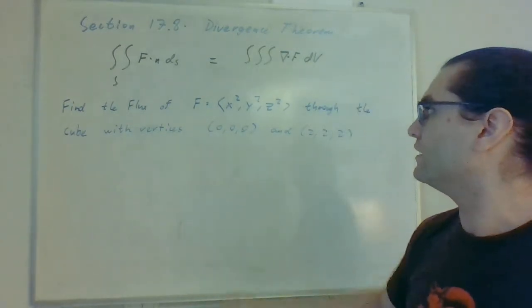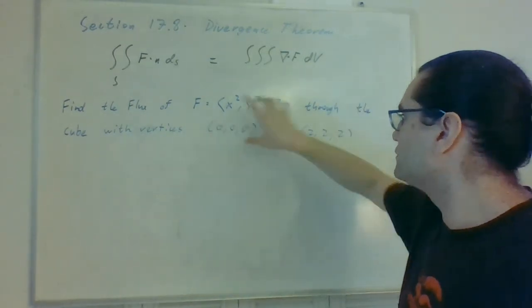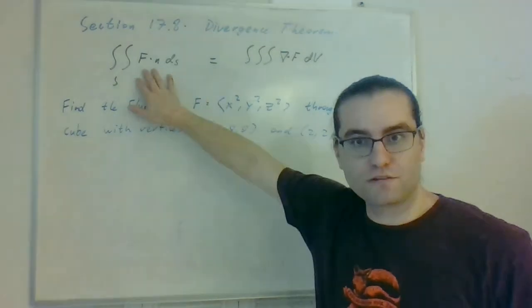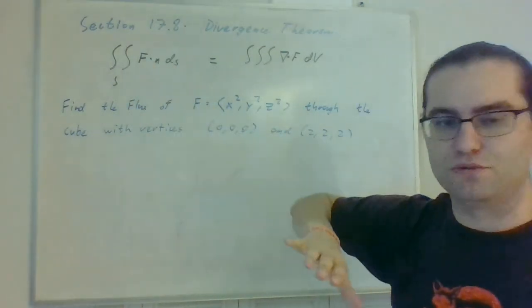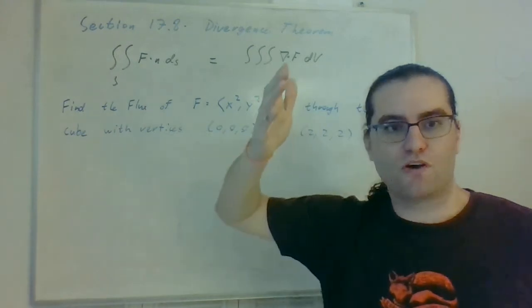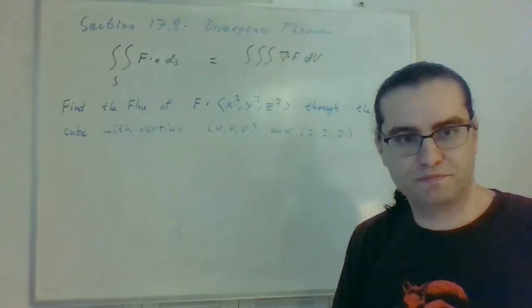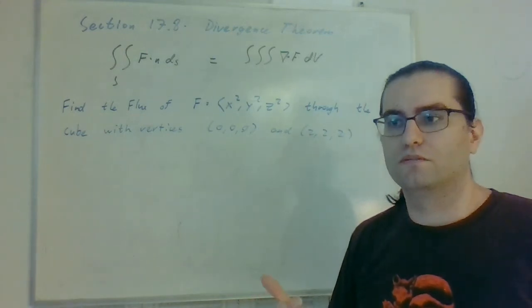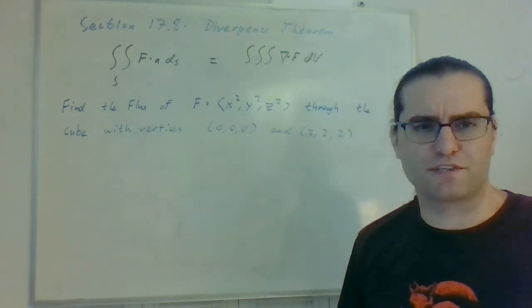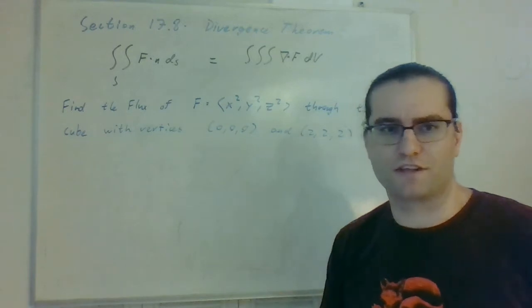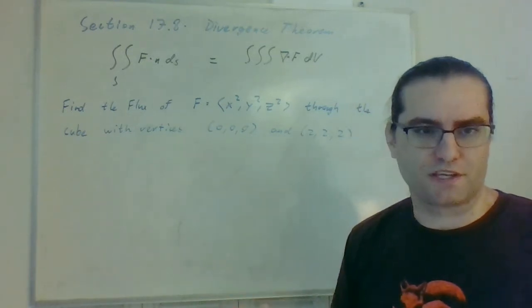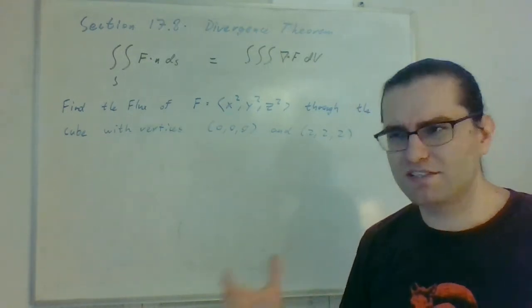And if we were going to do this one using a flux integral, we would need to parameterize all 6 sides of this cube, which honestly, those parameterizations wouldn't be too hard. Finding vectors that are perpendicular to the surfaces of a cube isn't that bad.